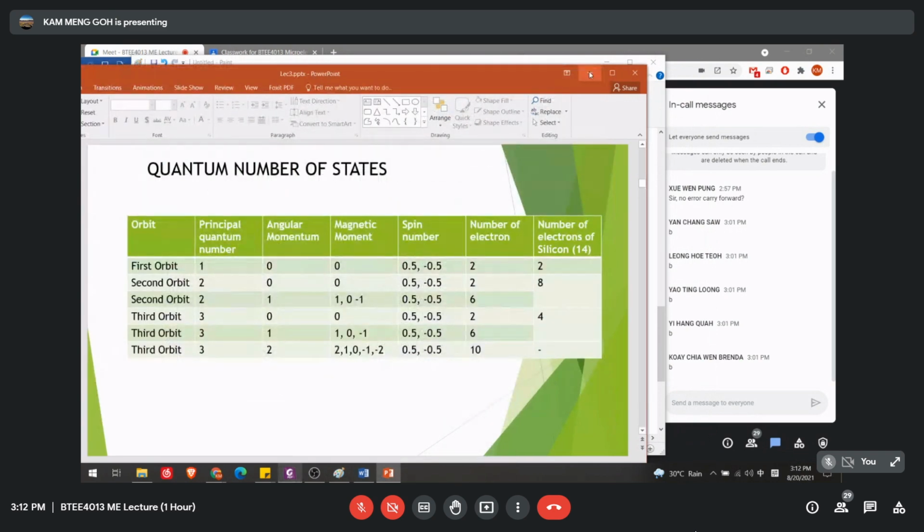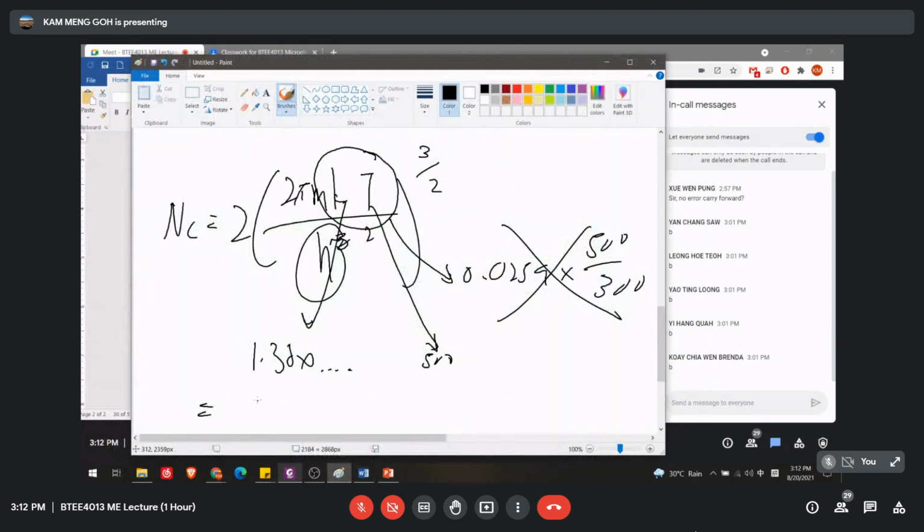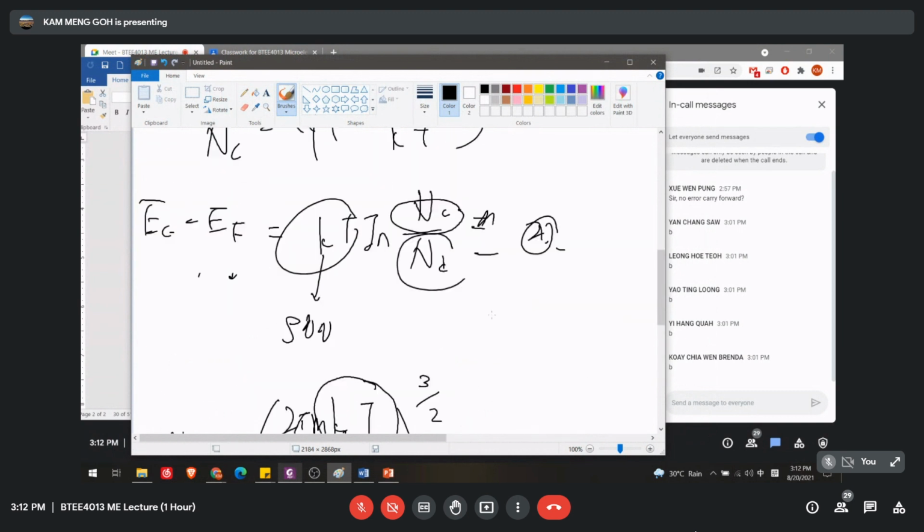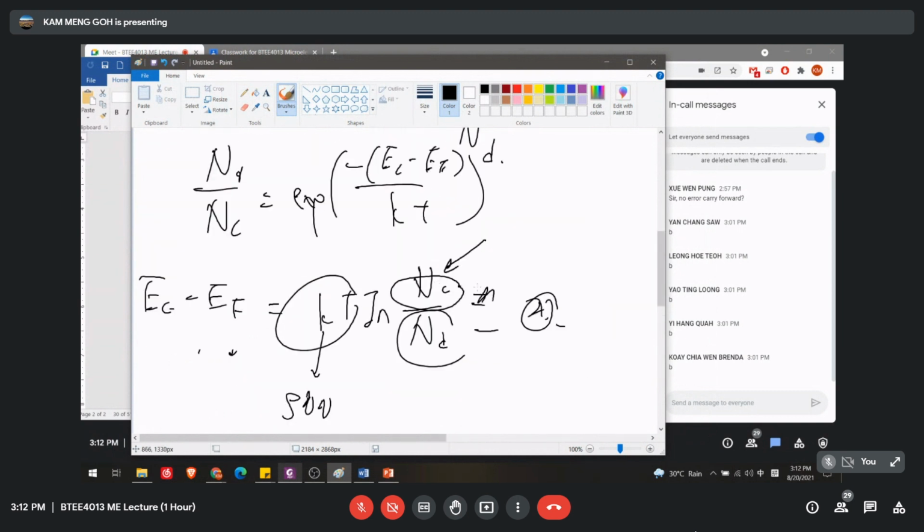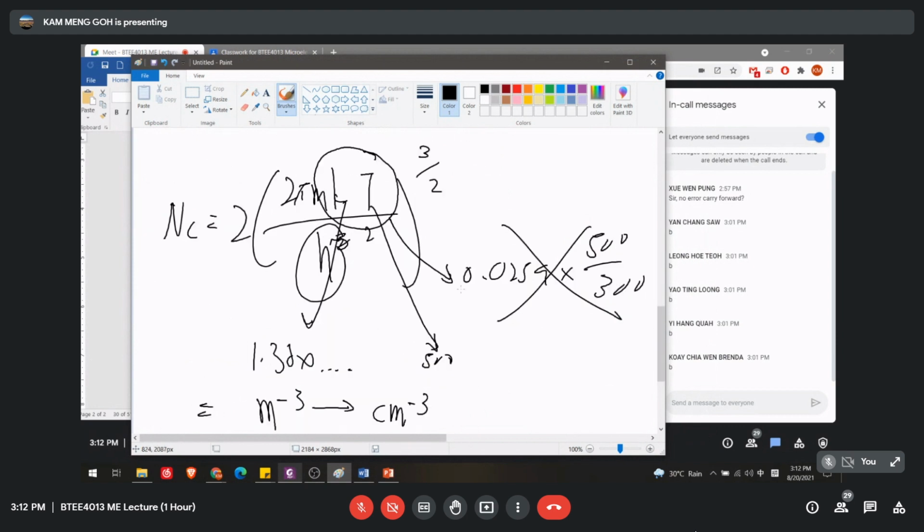When you put it inside, this value will be in meters. You need to convert back to centimeters, then you put it back into here to get your final answer.